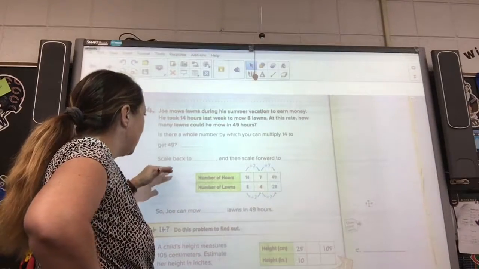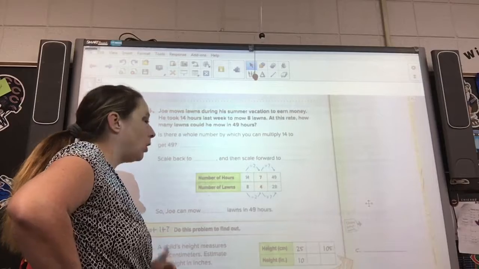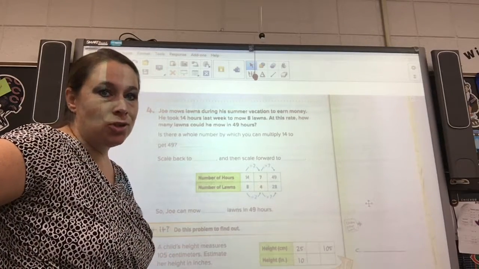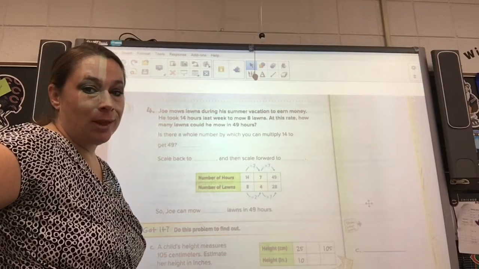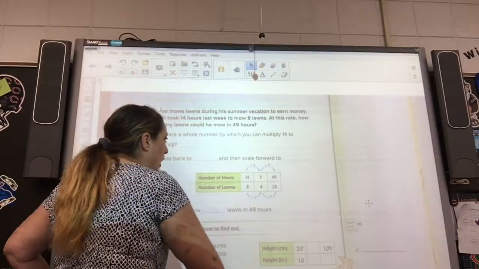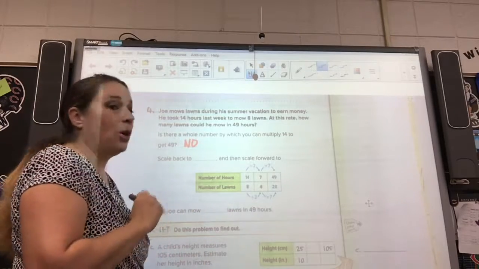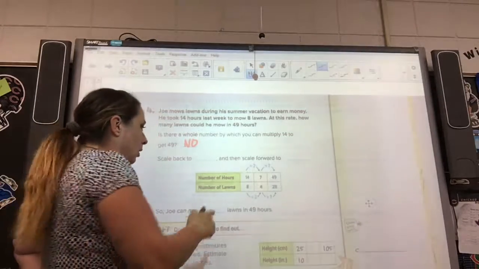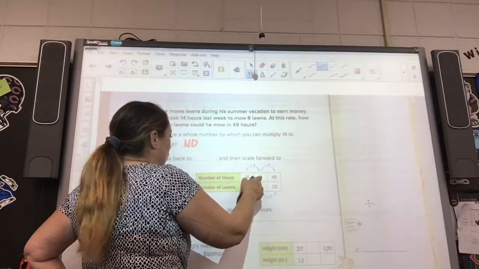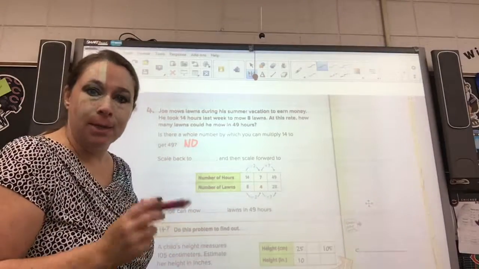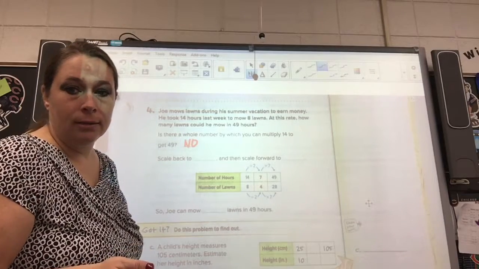So they show us again, is there a number by which you can multiply 14 to get 49? And if you look at your multiplication chart, you're going to find that the answer is no. So if we scale back, if we divide down 14 divided by 2, then we can multiply up times 7 and get to 49.